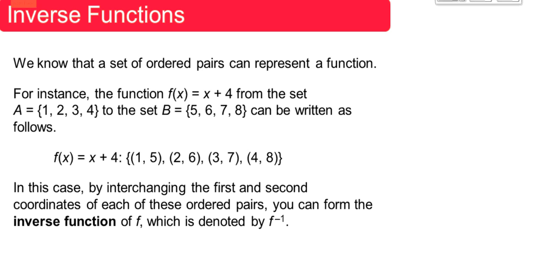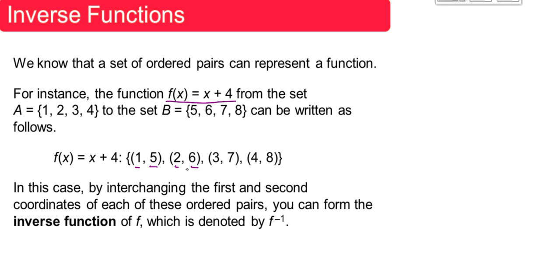We know about functions already. If we have f of x equals x plus 4, and we want some ordered pairs, if x is 1, y is 5; if x is 2, y is 6; we can make a bunch of ordered pairs.